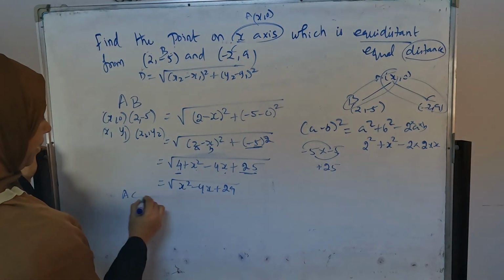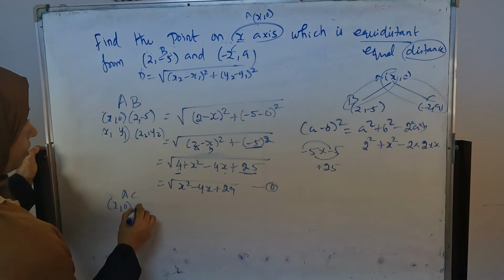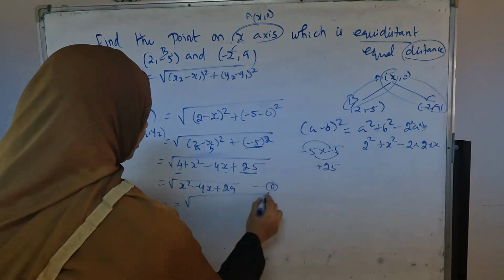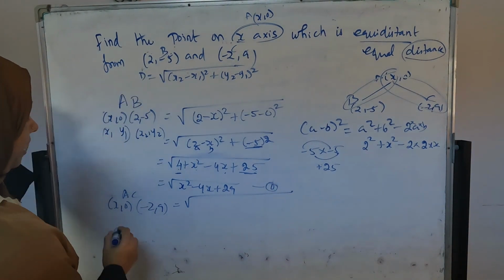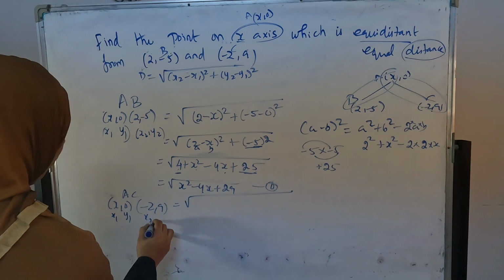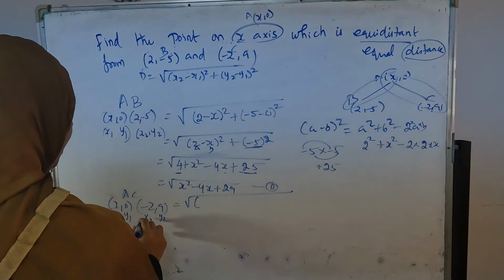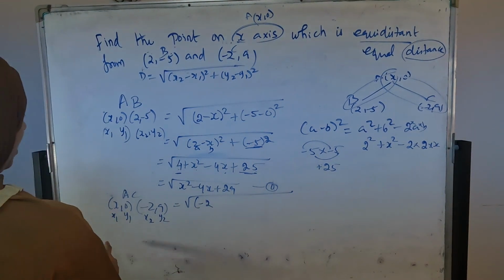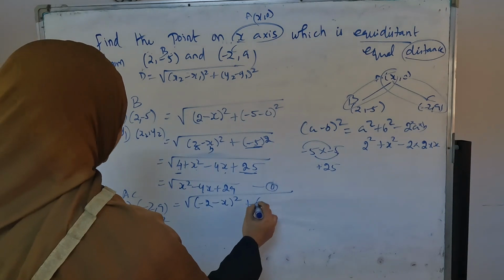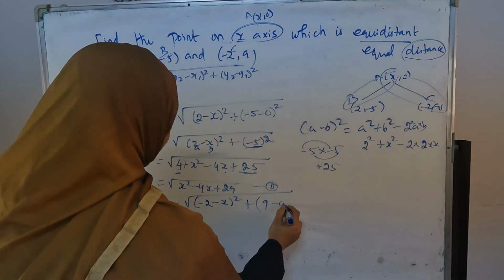AC points we will keep. A is (x, 0), C is (-2, 9). Then take the root and substitute in the formula. Here it is x1, y1 and this is x2, y2. Now substitute in the formula: x2 as minus 2 and x1 as x, the whole square, plus y2 as 9 and y1 as 0.